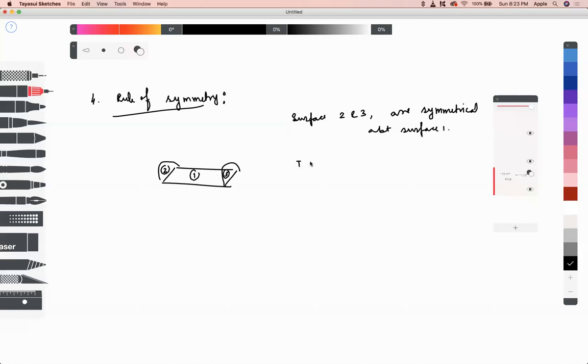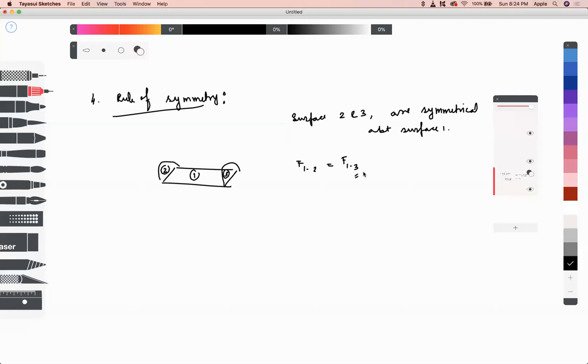So view factor 1 to 2 will be equal to view factor 1 to 3. What the value will be we don't know, but they have to be the same, if two or more surfaces are symmetrical about one other surface.